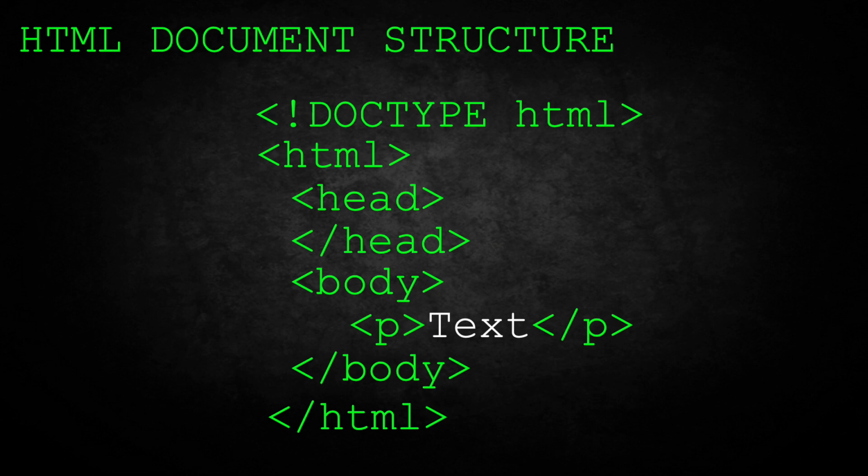Inside this, you have two sections, the head element and the body element. The head element includes information about your HTML document, while the body element describes your content. In this case, we see the word text inside the P tags, which are inside the body tags, which are inside the HTML tags.